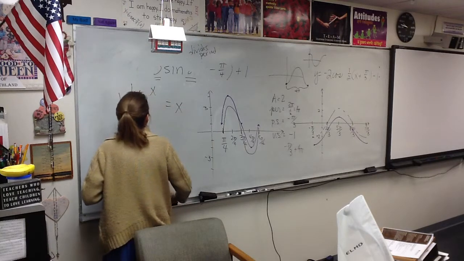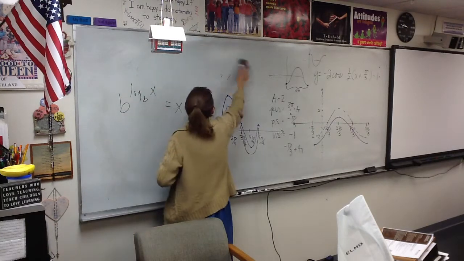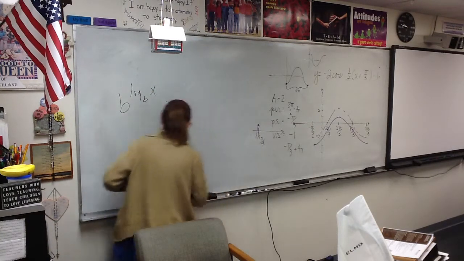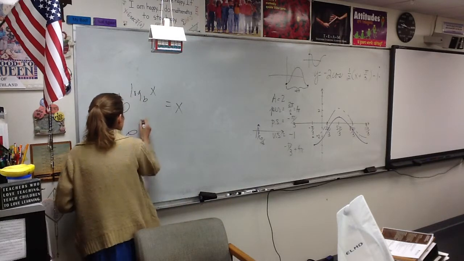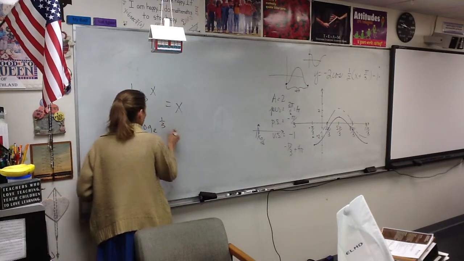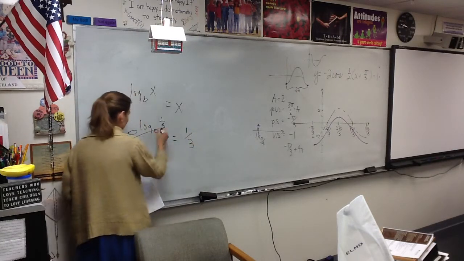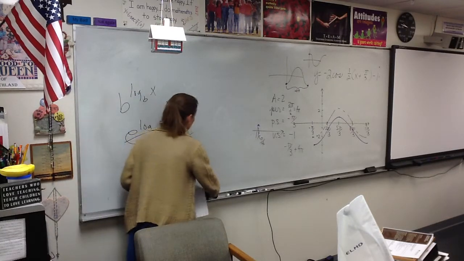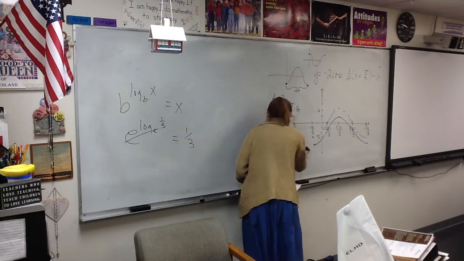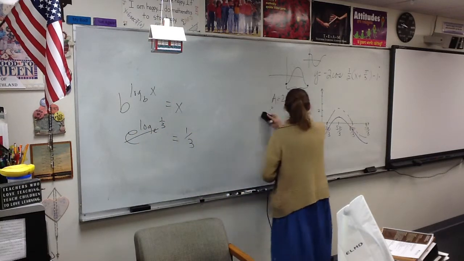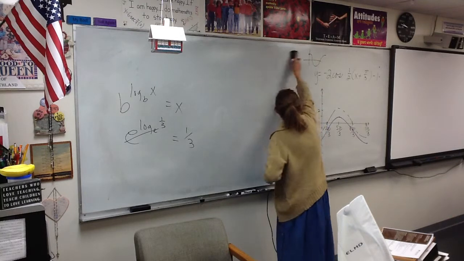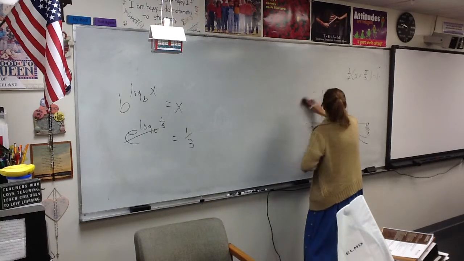That's the property. So what I have in this problem is e to the log base e of 1/3. So what's the answer? 1/3. These cancel, it's 1/3. The answer to 3J on practice test 3 is just 1/3.